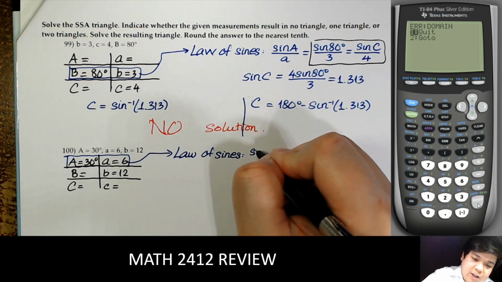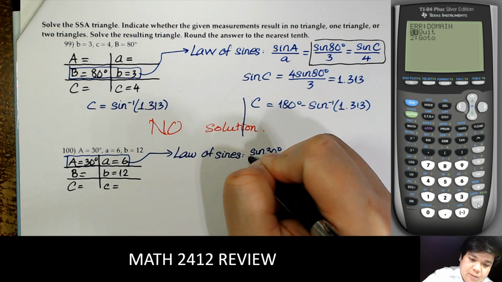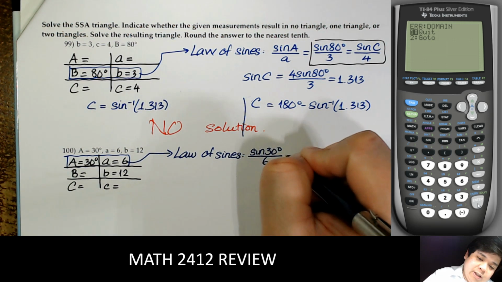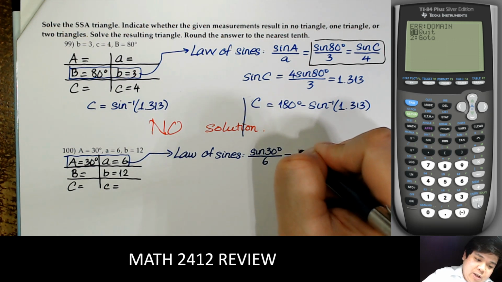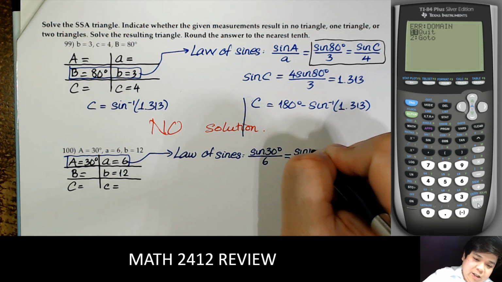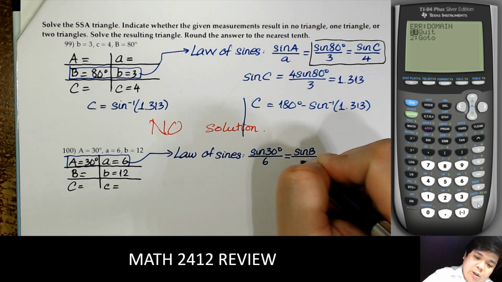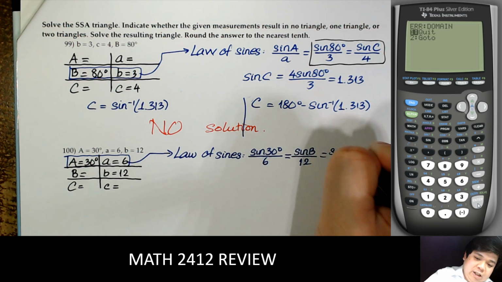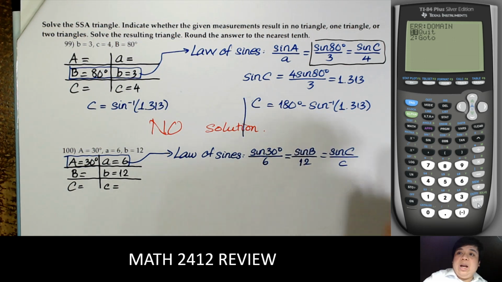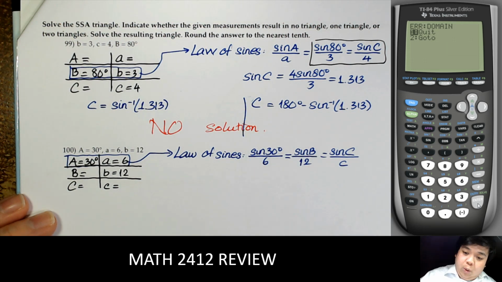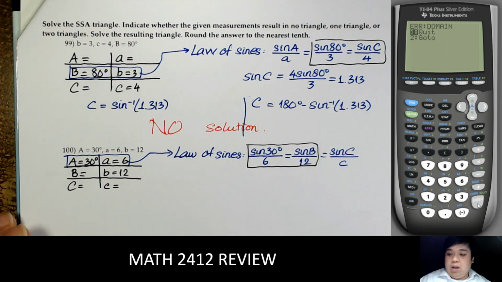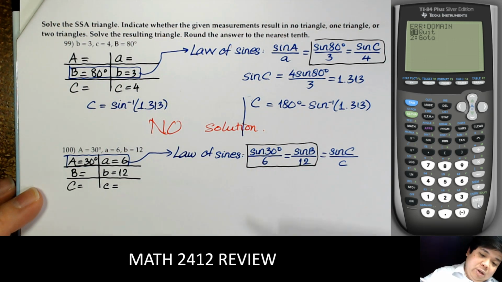So sine of 30 degrees over 6 equals sine of B over 12, and sine of C over little c. We cannot use the last ratio because we don't know either the angle or the side, but the first two ratios, that's good. Let's cross multiply and solve for B.